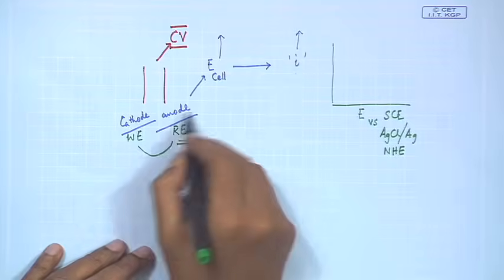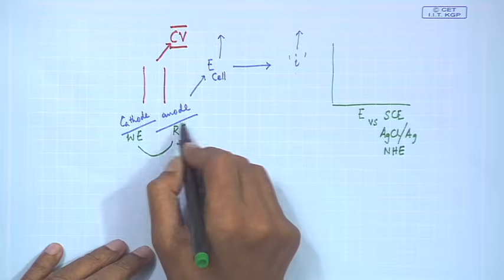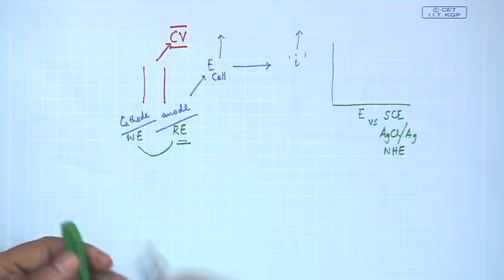Now, what do you see, how we get the CV, that is cyclic voltammetry, how we measure and record it, and what the corresponding cell arrangement is. As we started our discussion, two electrodes, the working electrode and the reference electrode, are not sufficient.